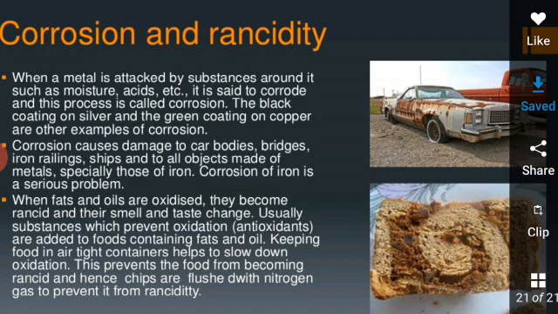That's why after some time when we see copper vessels, they become green in color. To prevent corrosion, we can apply galvanization, painting, oiling. These things can prevent our metals from corrosion.